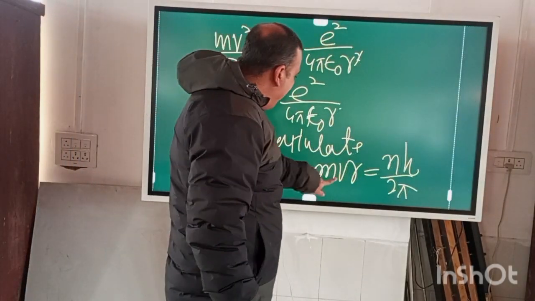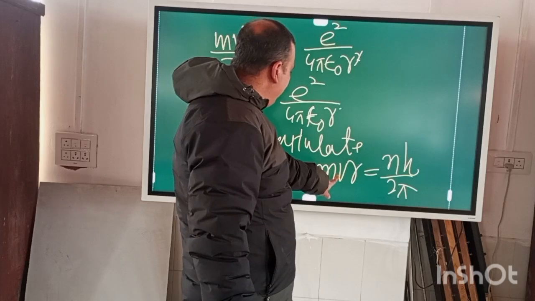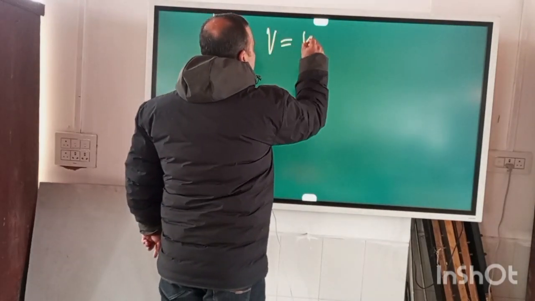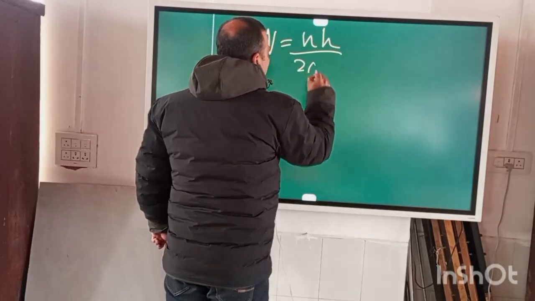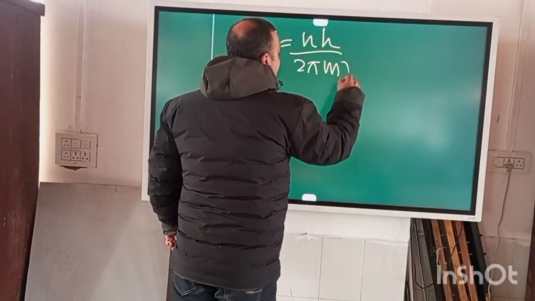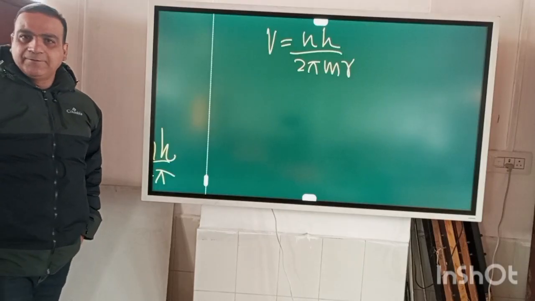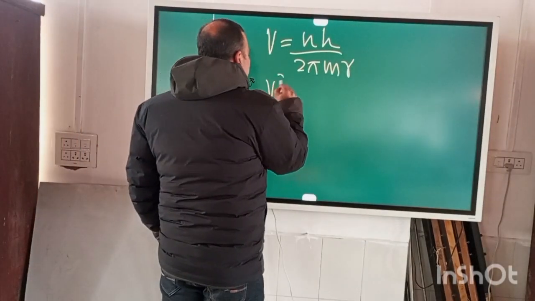So here, I can get v. What will v be equal to? v will be n h by 2 pi m r, right? Is it fine? Now, if I write down v square, what will it give me?